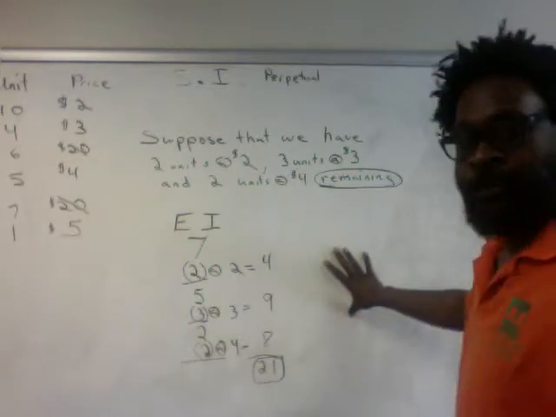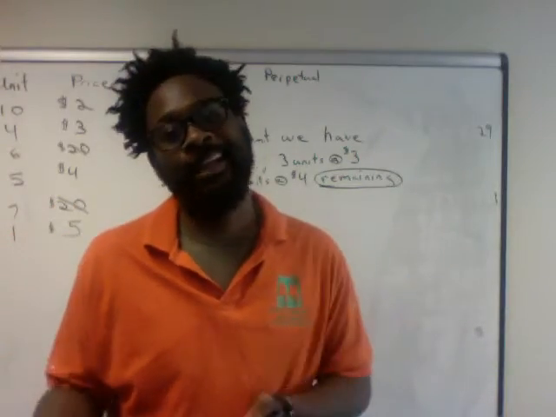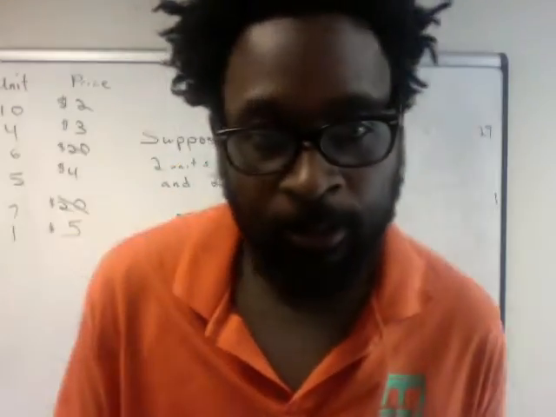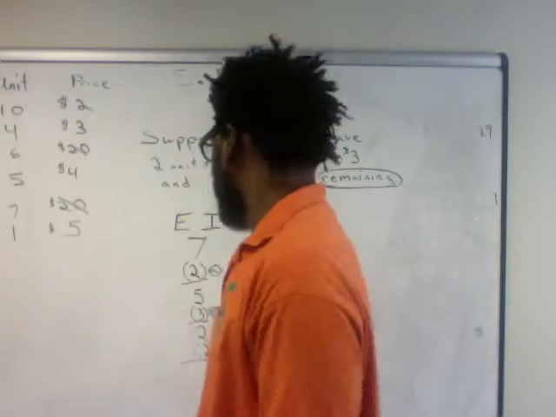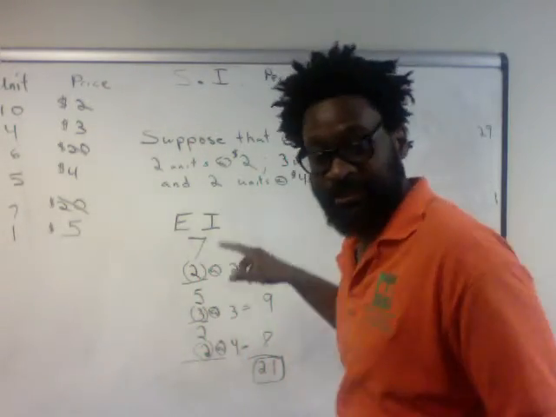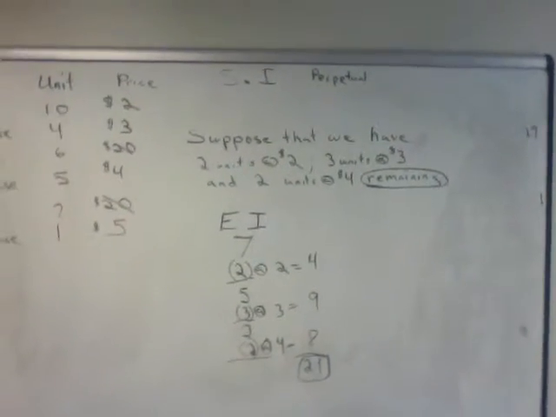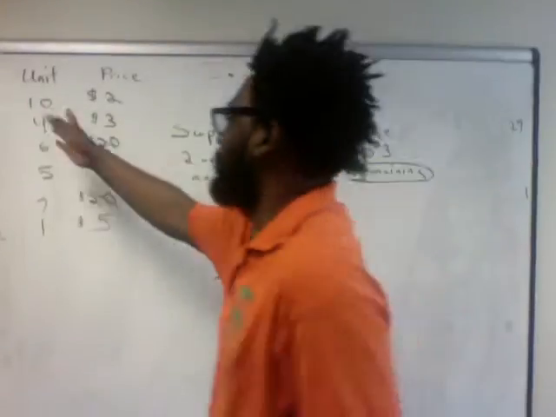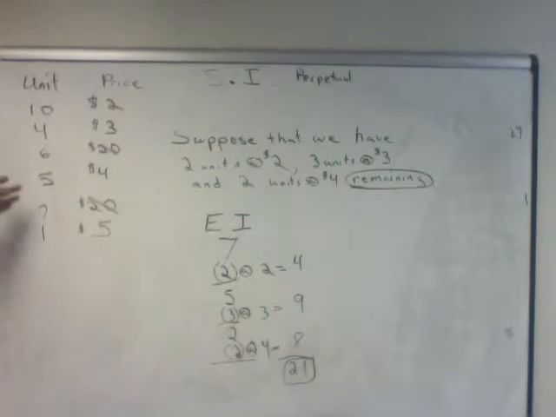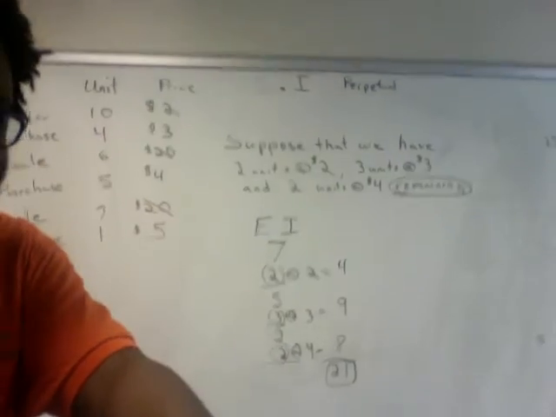And so now that we found our ending inventory, we're going to have to use some logic to back into our cost of goods sold. We know based on this description right here, this is what we didn't sell. But we also know that this information provided here, based on purchases, I'm going to back this up.